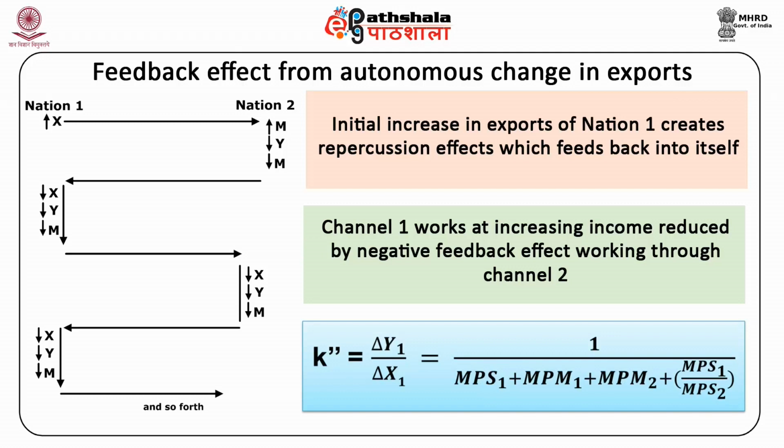K double dash is equal to delta Y1 upon delta X1, equal to 1 upon MPS1 plus MPM1 plus MPM2 plus MPS1 upon MPS2. MPS1 and MPS2 refer to marginal propensities to save of nation 1 and nation 2 respectively.